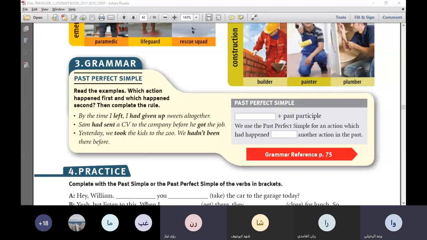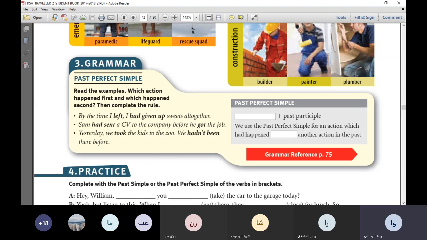Thank you, Roa. So basically this grammar is about two actions, okay? And I need the listener in front of me to know that this action happened first before the other action. So for the first action, I'm going to use the past perfect symbol.